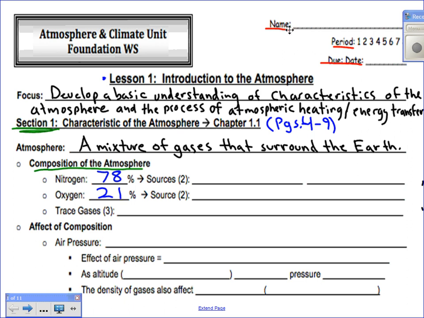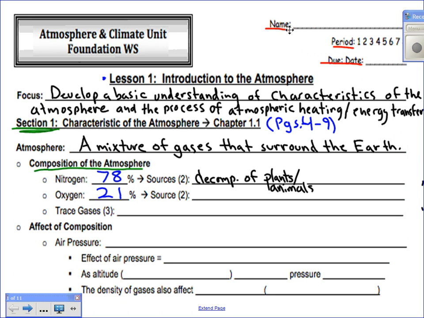So when we're trying to look at the different sources, we can find that nitrogen comes from the decomposition of plants and animals. So I'm going to abbreviate this: decomp of plants / animals. Okay? So that's number 1.